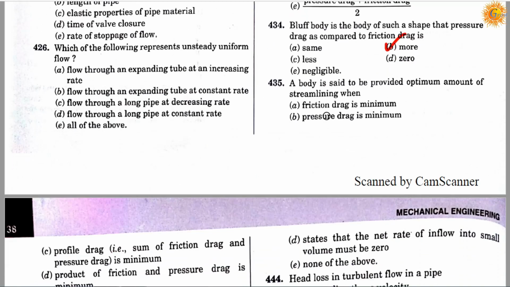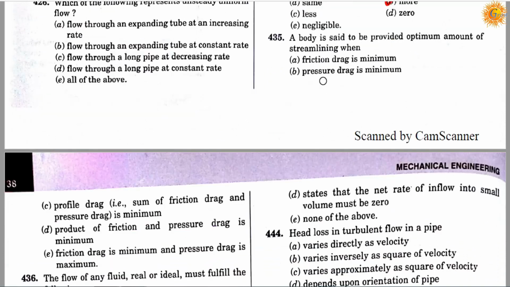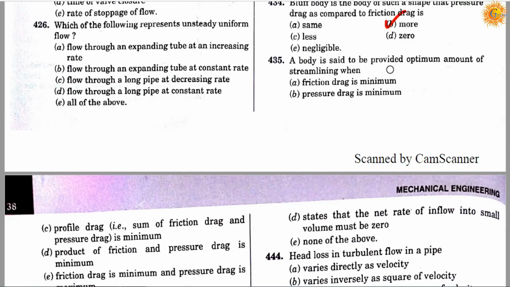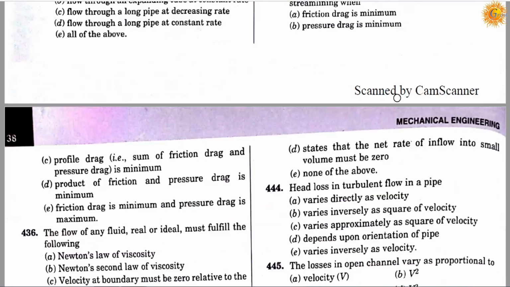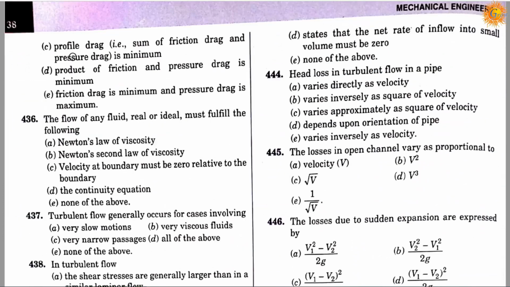Question number 435. A body is said to be provided optimum amount of streamlining when: option A, friction drag is minimum; option B, pressure drag is minimum; option C, profile drag, that is the sum of friction drag and pressure drag, is minimum; option D, product of friction and pressure drag is minimum; and option E, friction drag is minimum and pressure drag is maximum.